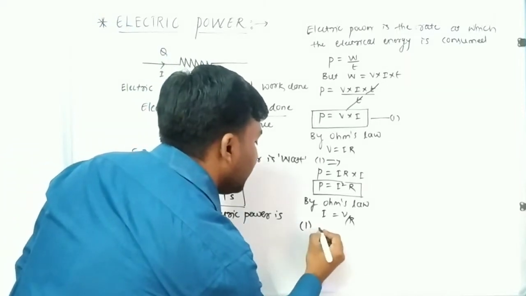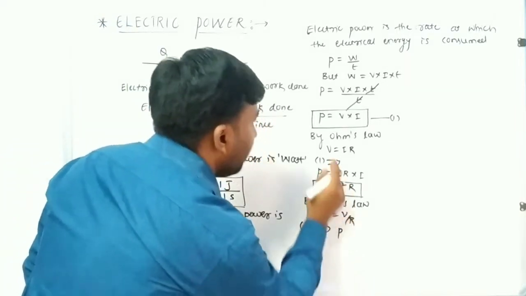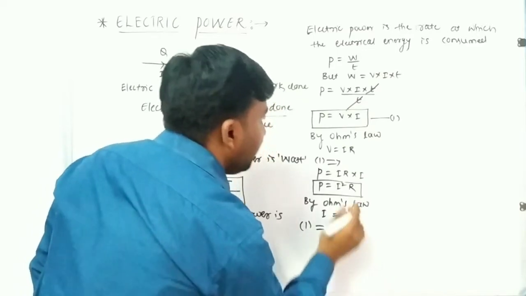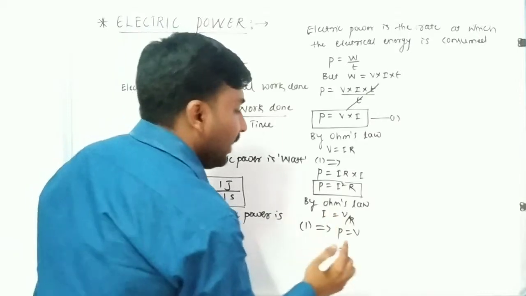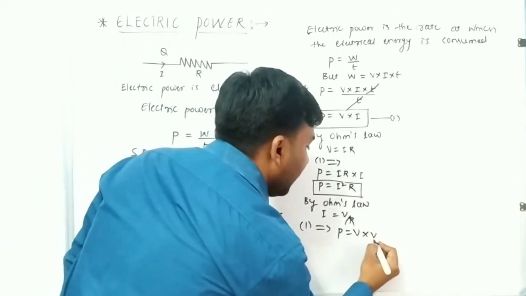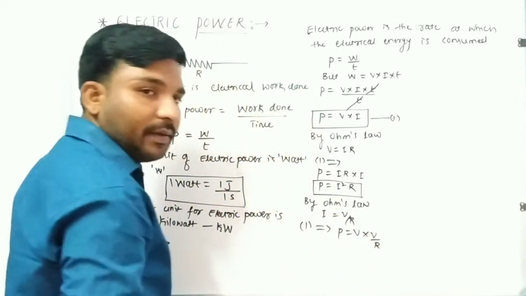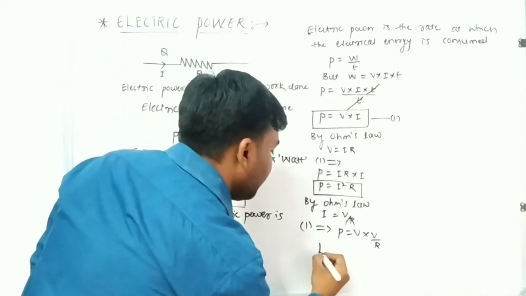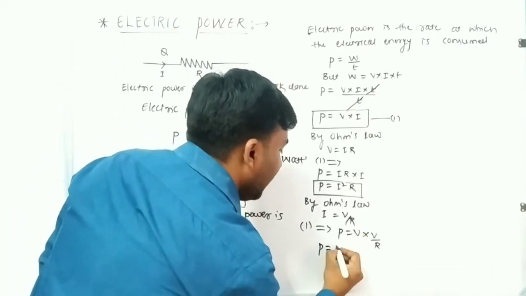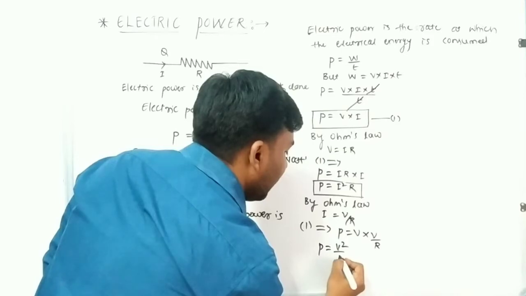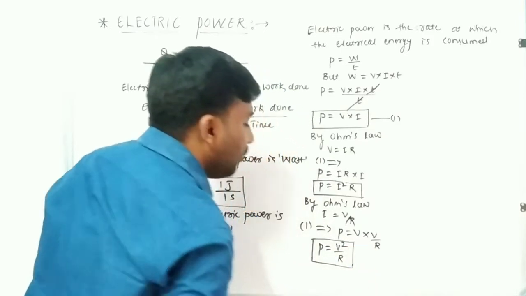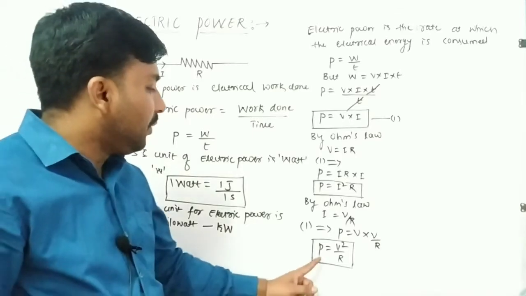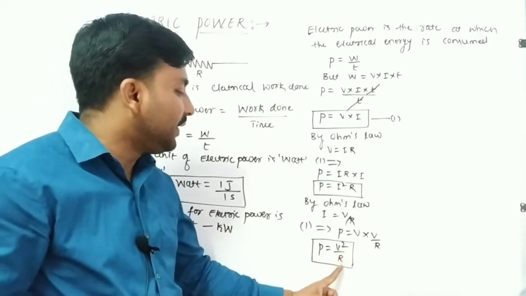So expression 1 implies that P as it is, this V also as it is, and in place of I we fill the value V by R. Now P is equal to V into V, that is V square, divided by R. So hence we got one more expression, that is P is equal to V square divided by R.